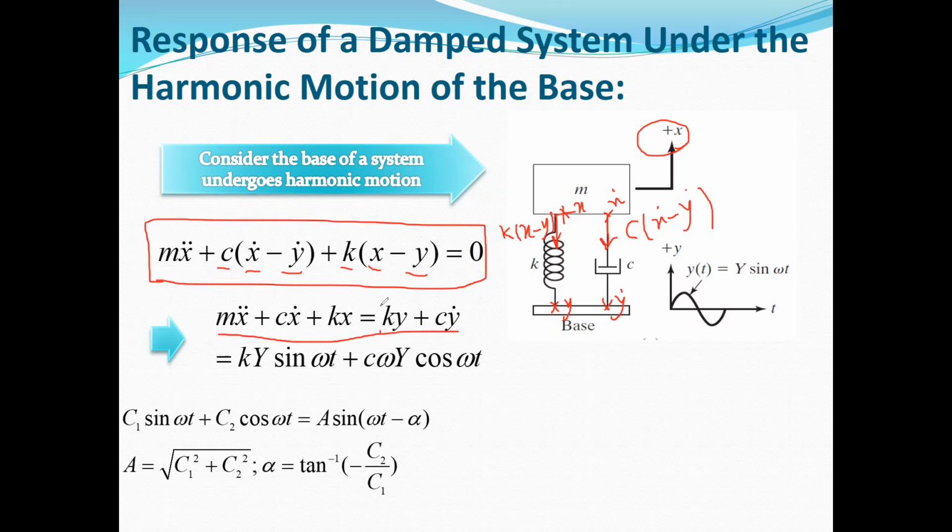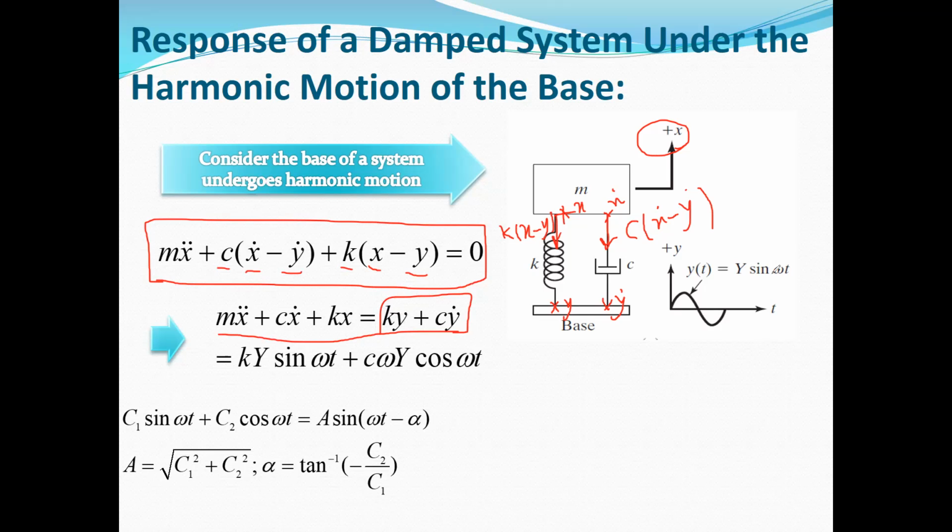As you can see, this is an ODE of order 2 with a non-homogeneous term. The non-homogeneous terms include k y plus c y dot, because here we have a damper, so we have the derivative of the base excitation with respect to time, and also we have y, which is the base excitation.